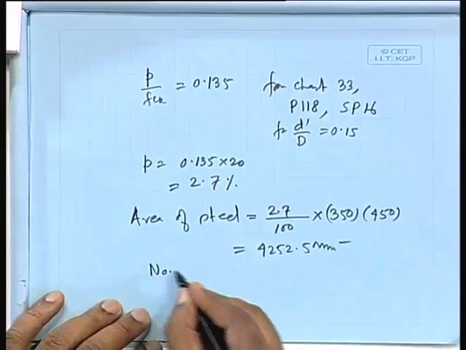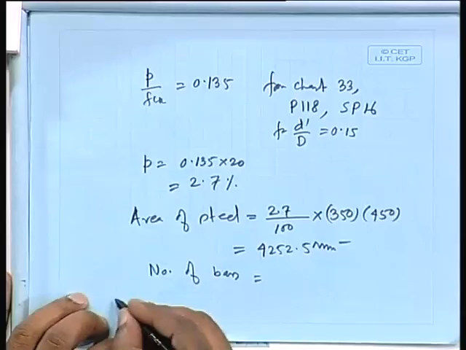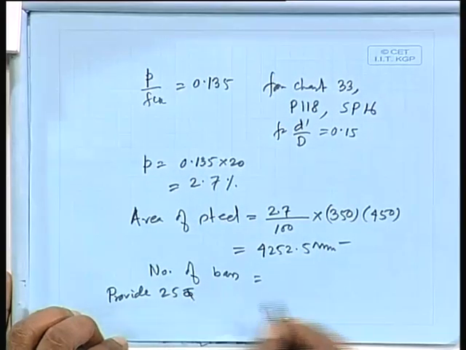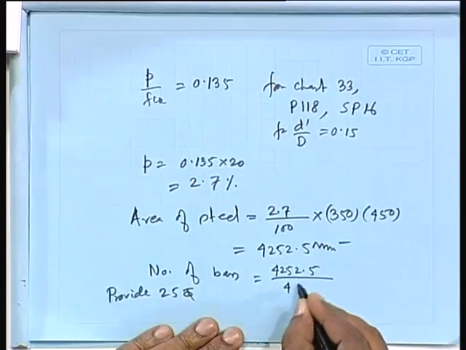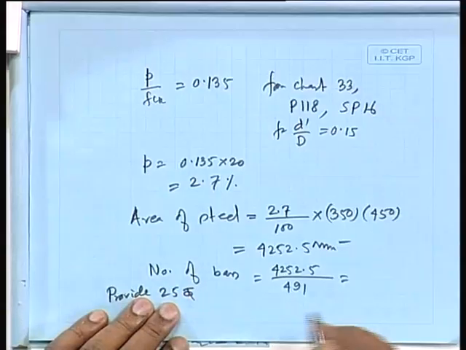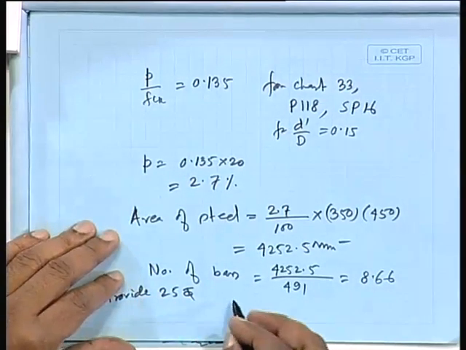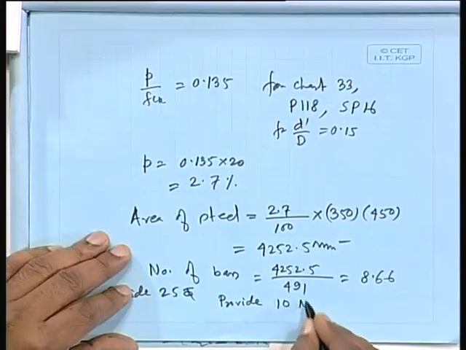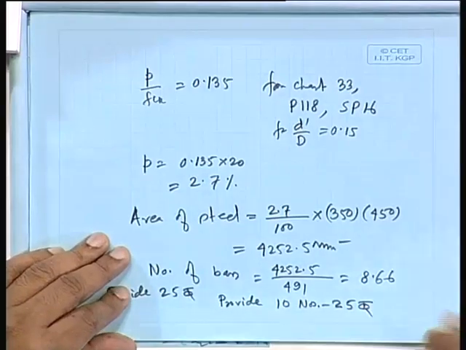Number of bars, let us say we provide 25 torr. So 4252.5 by 491, 8.66. So we shall provide 10 numbers of 25 torr. Okay.